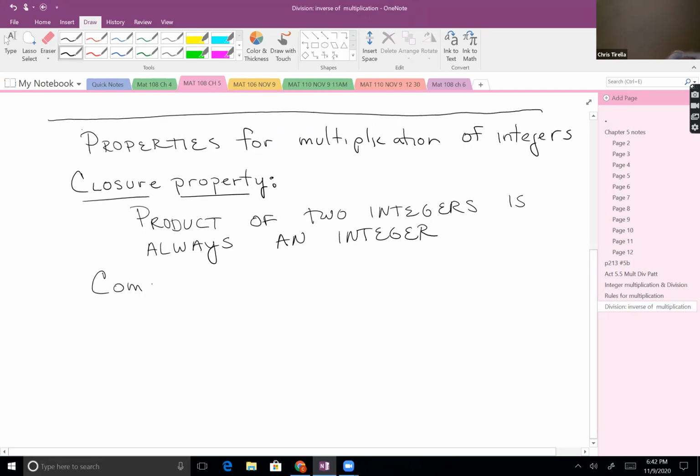The next is the commutative property of multiplication.